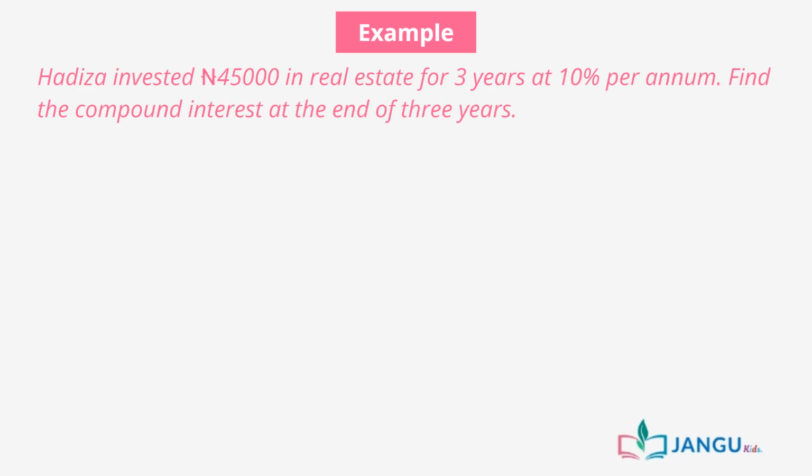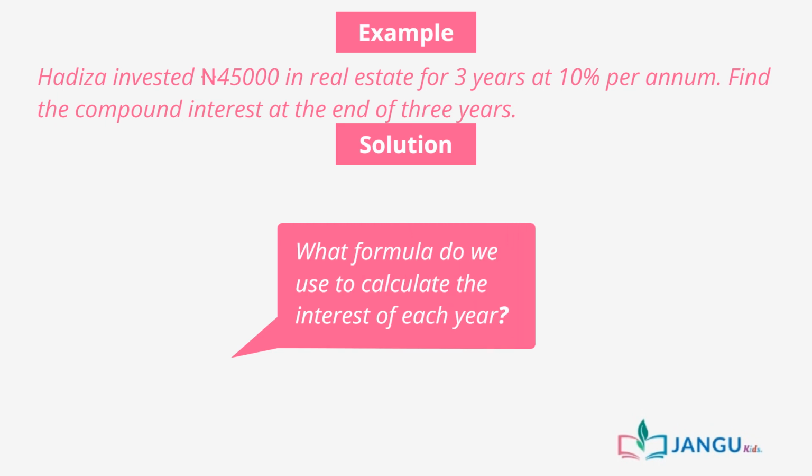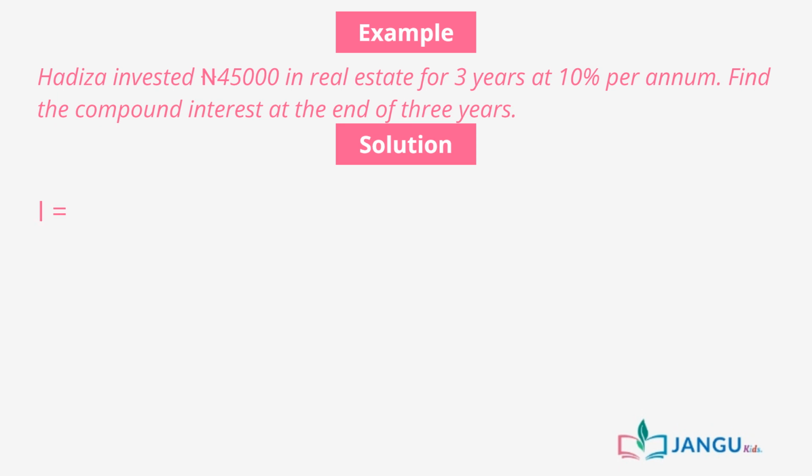Hadiza invested 45,000 naira in real estate for 3 years at 10% per annum. Find the compound interest at the end of 3 years. What formula do we use to calculate the interest of each year? Exactly. We use the formula I equals principal times rate times time all over 100.